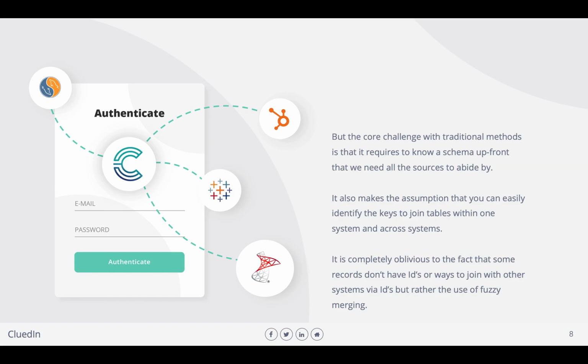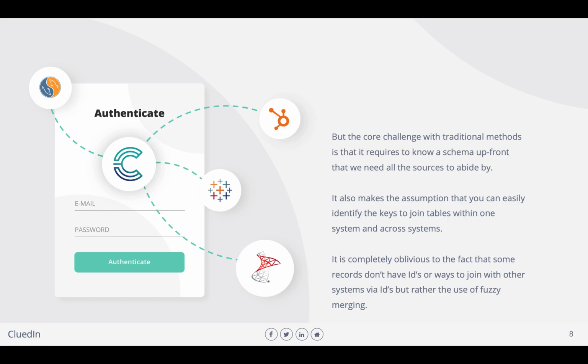It's that classic idiom of a square peg in a round hole. It also makes this assumption that you can easily identify the keys, the IDs, the foreign references of how different tables or sources of data connect to each other, even in the same system that is complex. When you start to do this across systems, you start to realize this is one of the hardest challenges in the data integration space.